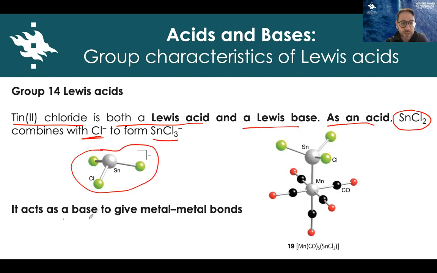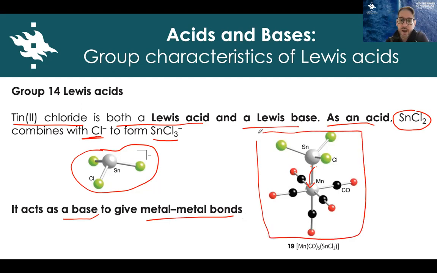And then as a base, this species can donate the electron pair to a Lewis acid, such as another metal, for example, generating compounds having metal-metal bonds, as shown in this example.